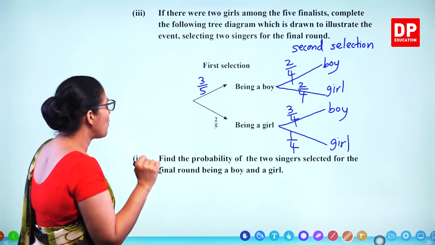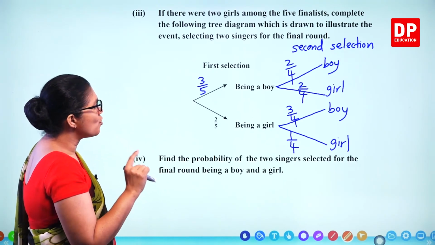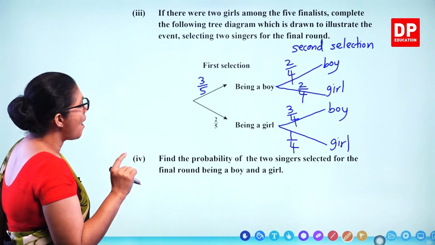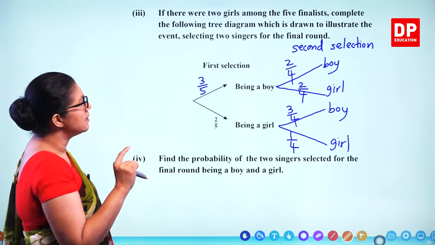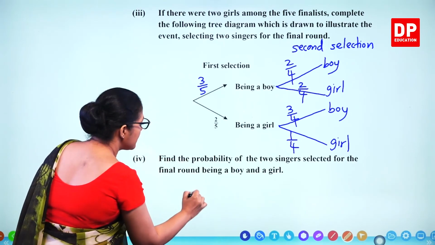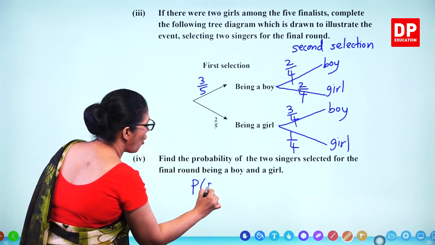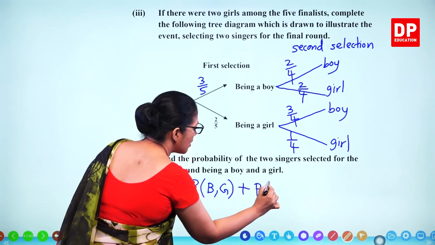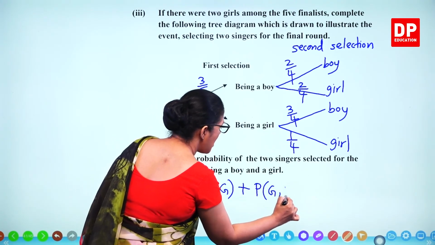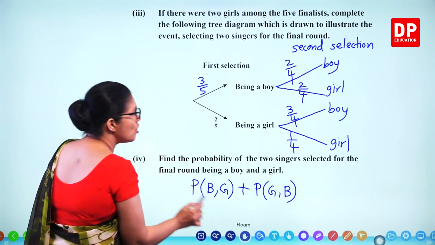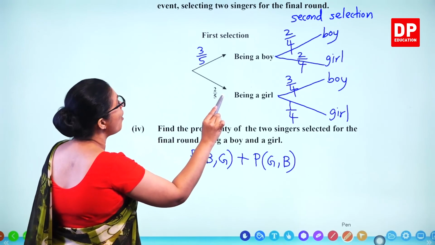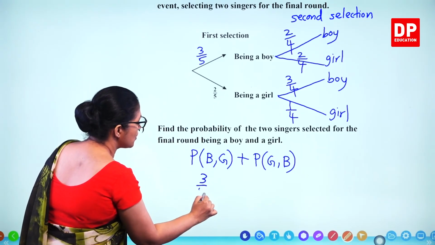Now we'll find out the probability. Probability of 2 singers selected for the final round being a boy and a girl. So you can say probability of boy first and girl second, or girl first selection and boy second selection. 2 possibilities are there. Boy, that's 3/5.